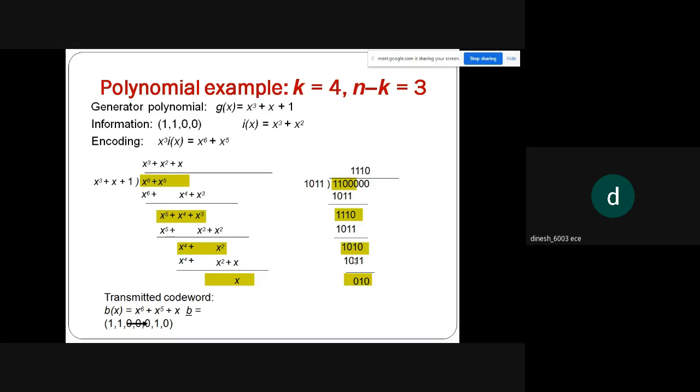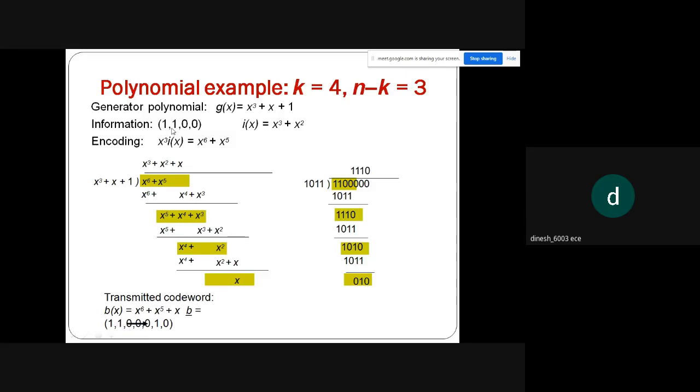7 comma 4 encoder, where n comma k is equal to 7 comma 4, n is equal to 7, k is equal to 4. From that we can determine n minus k, which is equal to 3. This means that our information is 4 bits and our transmitted code will be 7.